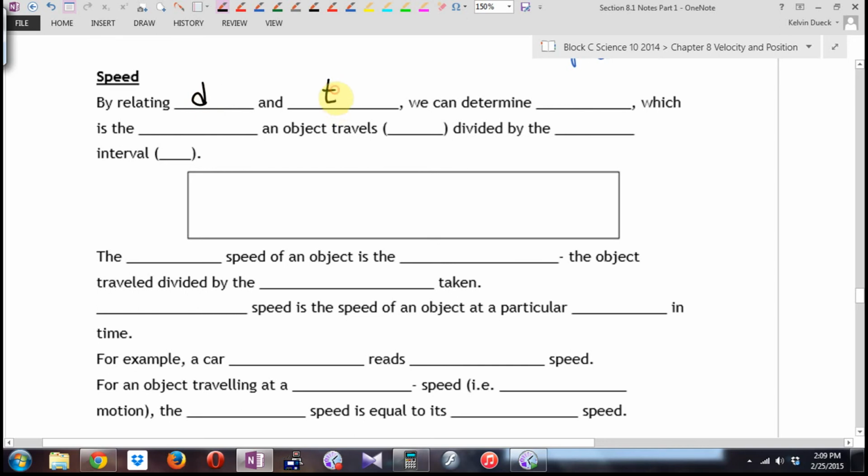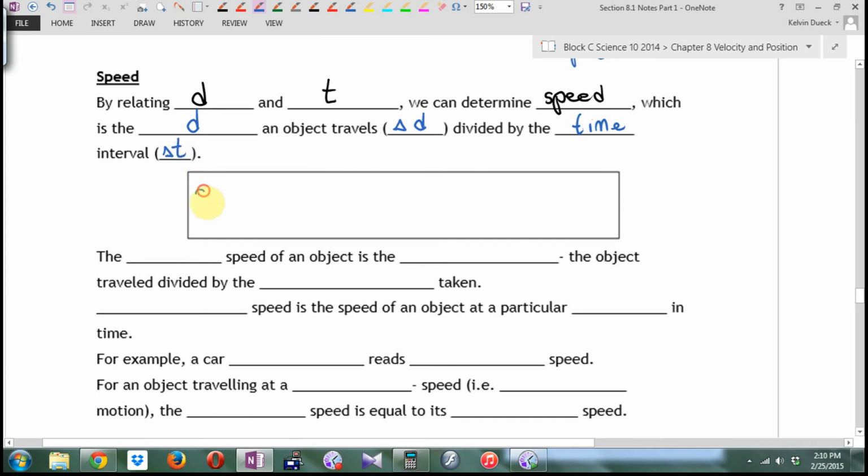And time, we can determine speed, which is the distance an object travels. It may end up actually being a change in, a delta, divided by the time interval, delta t. Here is an equation from your purple sheet.